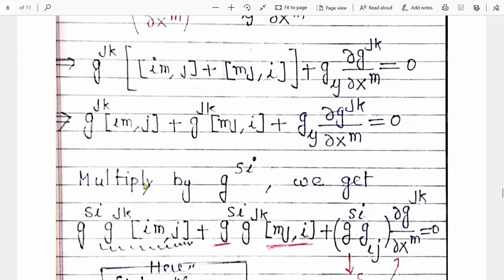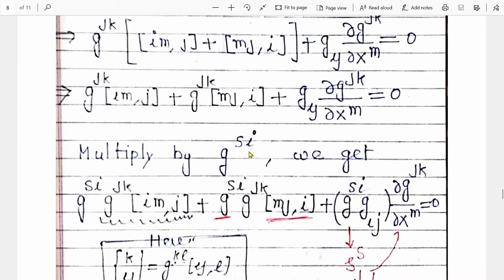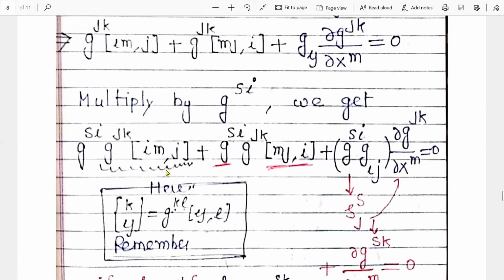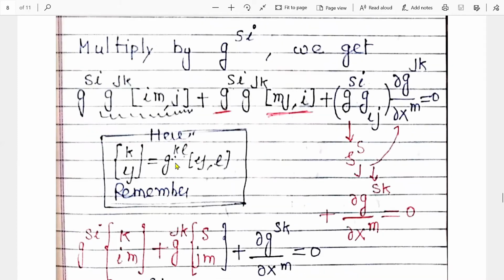Now again multiply by g^si, we get, right? Now in this case, we want to convert to the second form. Remember this result, g^kl [ij,l], which is equal to {k,ij}. Okay? Now in this case, g^jk and this J is common, right? So this is converted into here {l,ij}.